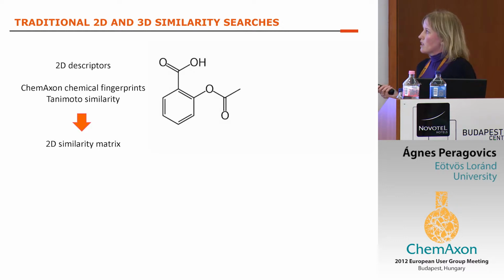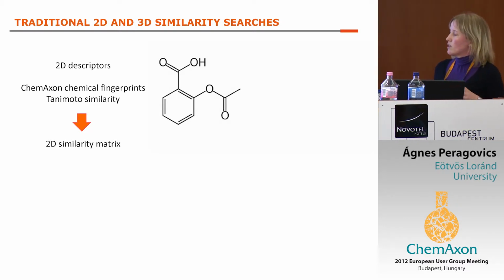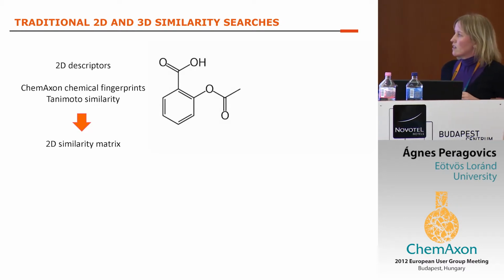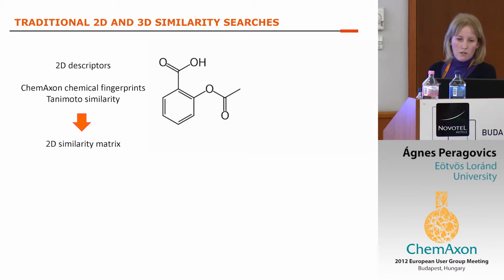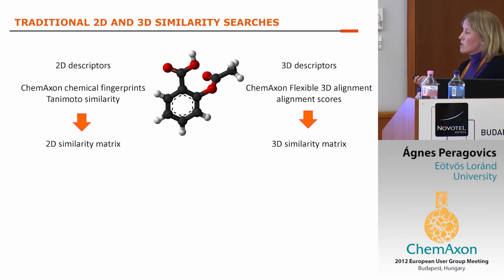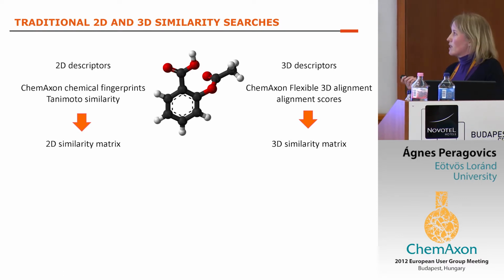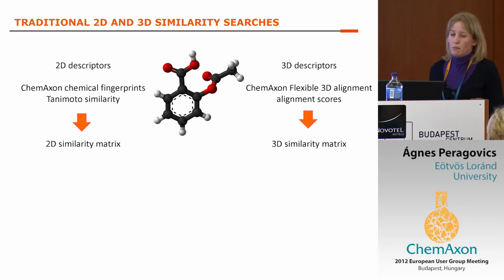We use the ChemAxon chemical fingerprints and calculated the Tanimoto similarity between the molecules, and we created a 2D similarity matrix. And for the three-dimensional description, we used the flexible 3D alignment tool of ChemAxon and calculated alignment scores. And these alignment scores were entered into the 3D similarity matrix.